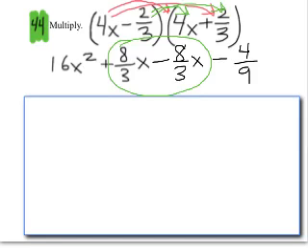That's why this becomes the difference of two squares. 16x squared minus 4/9. 16x squared is 4x squared squared, and 4/9 is 2/3 squared. And see, when you have two numbers multiplied times each other, where one is negative and the other is positive, this is what you get. But you don't have to recognize that. You can just multiply the first number times both, and then the second number times both, and then add them together.